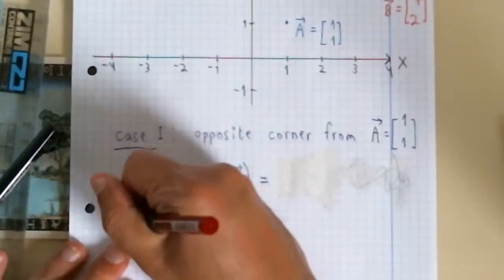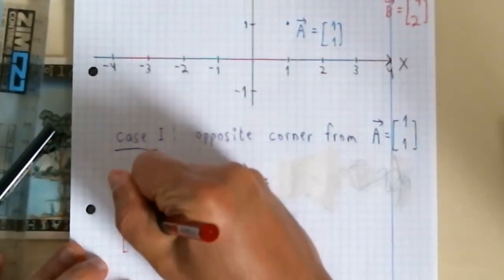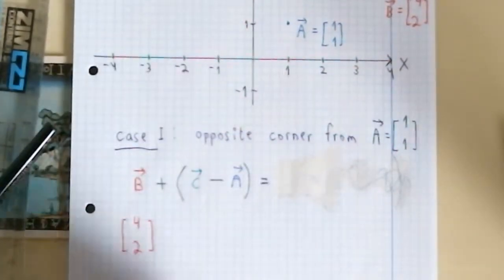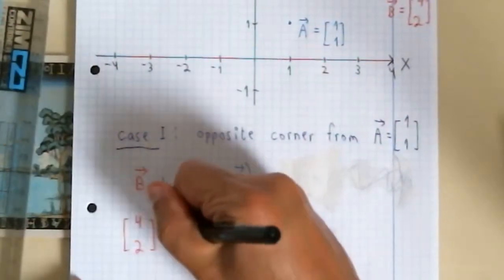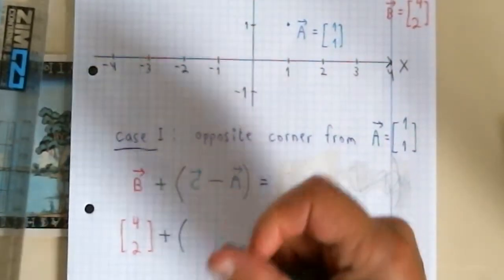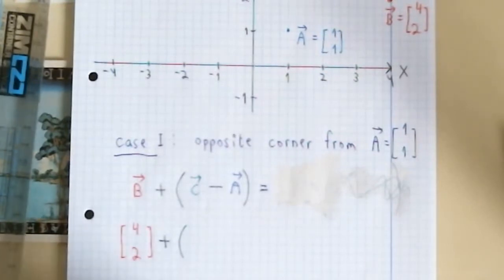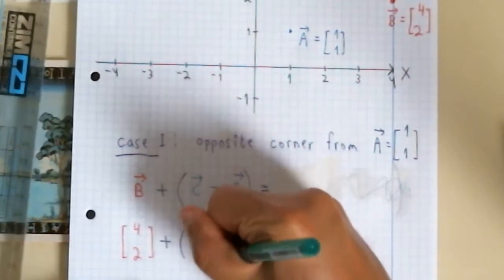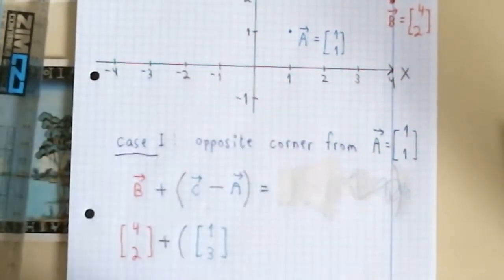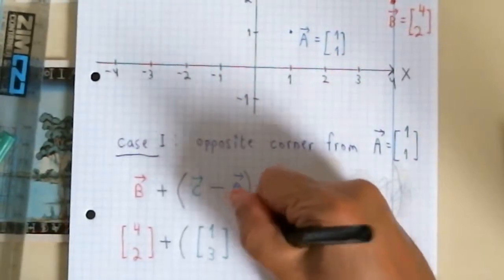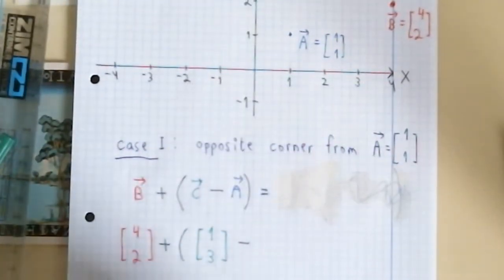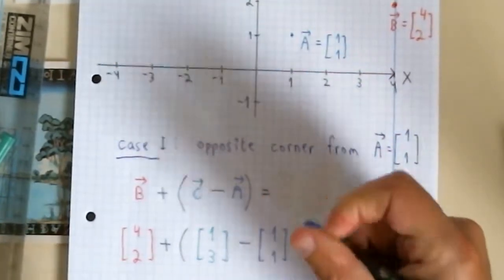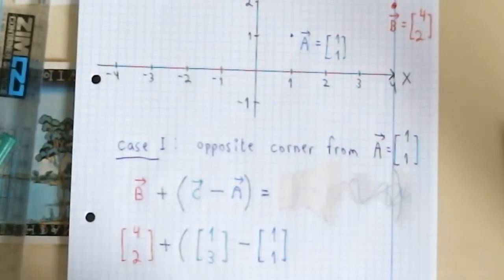Okay, so in this line I will continue. So B, which equals 4, 2, plus C, which equals 1, 3, minus A, which equals 1, 1, and we close the parentheses.